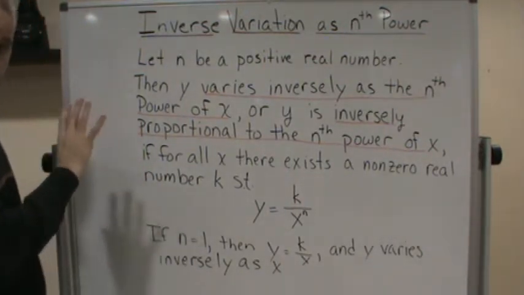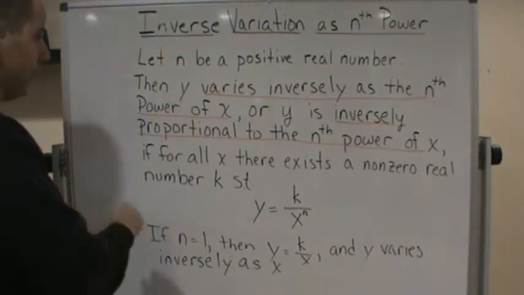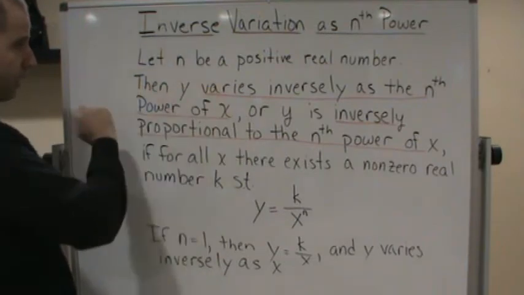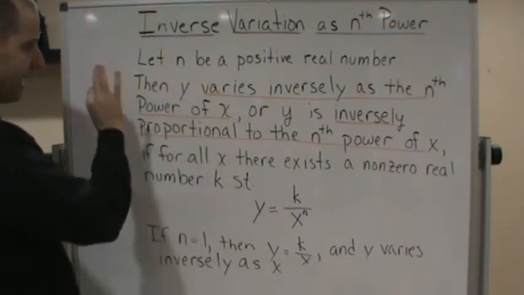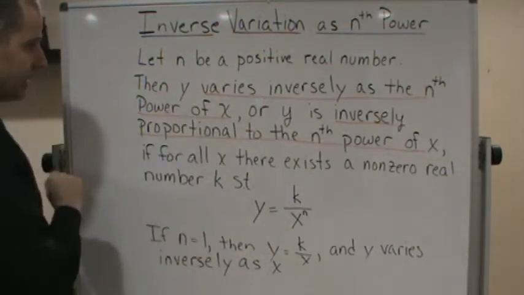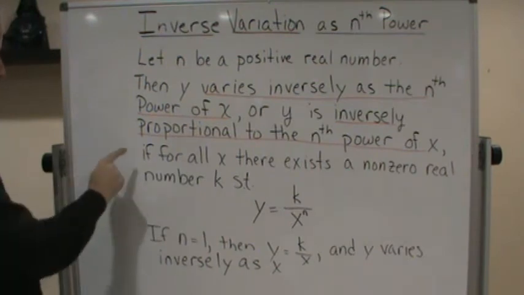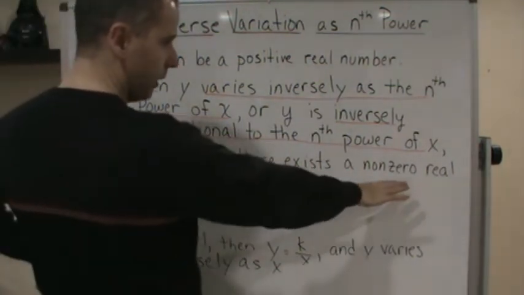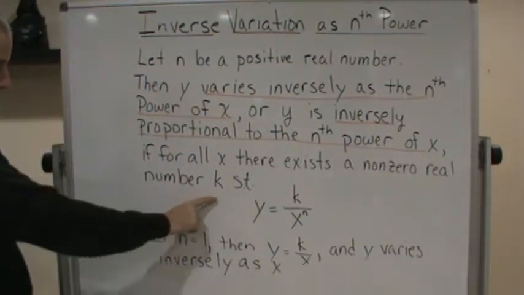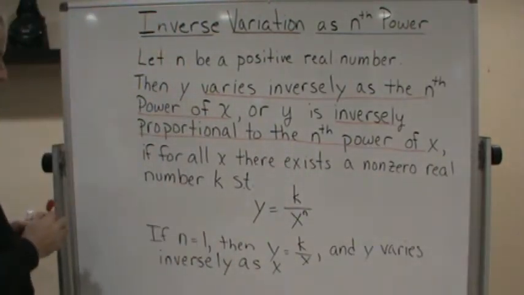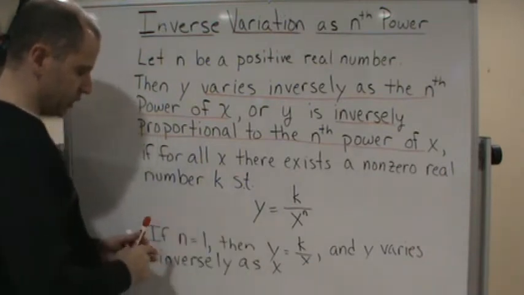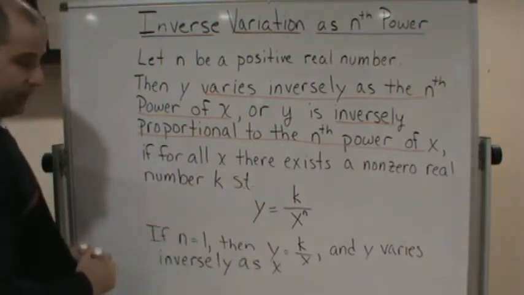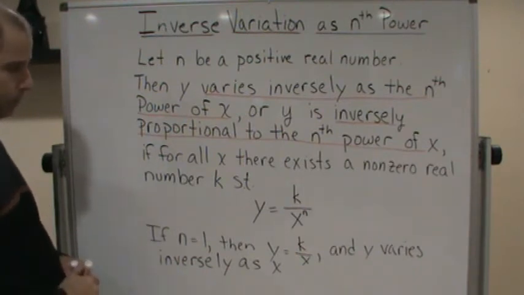That's why I'm spending some time on this. Now, if we have a positive real number n, then we say y varies inversely as the nth power of x if, for all x, there exists some non-zero real number k, there's our k again, such that this relationship holds: y equals k divided by x to the nth power.